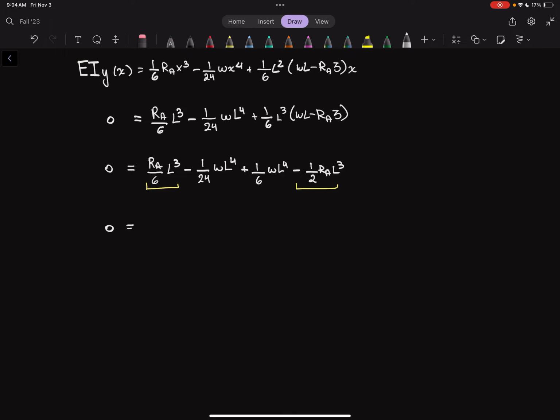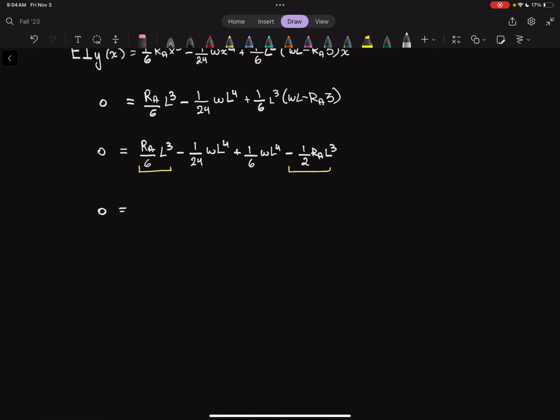So we can add them up, and 1/2 is the same thing as 3/6. So 1/6 minus 3/6 is minus 2/6 RA L to the third. And then 1/6 is the same thing as 4/24.